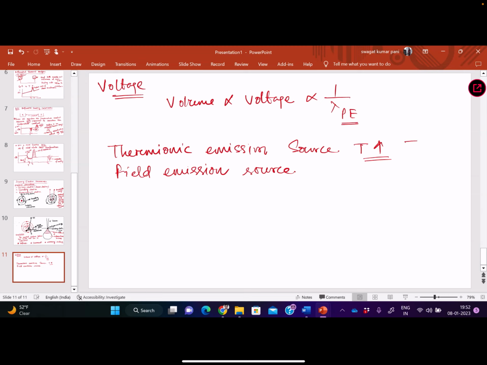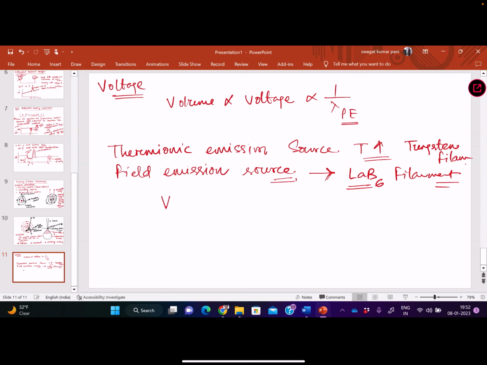Generally we use a tungsten filament here. In a field emission source, we apply an electric field, and with the application of the electric field, the electron beam is generated. Here most frequently we use a LaB6 filament, lanthanum hexaboride, that is used in field emission guns.